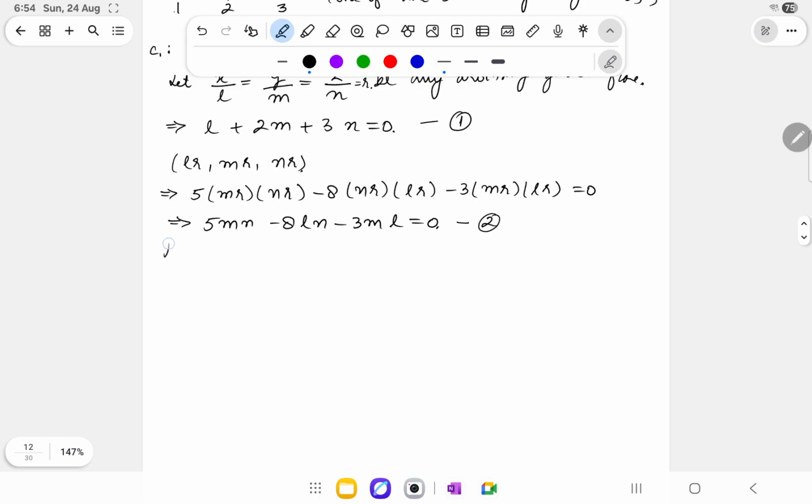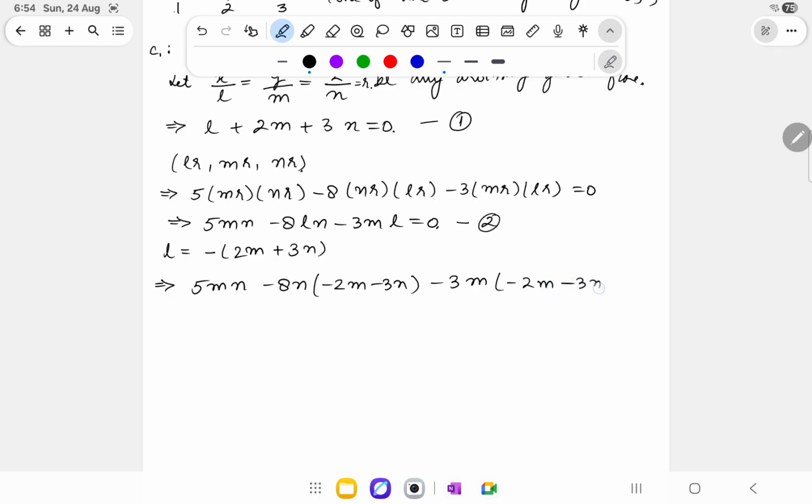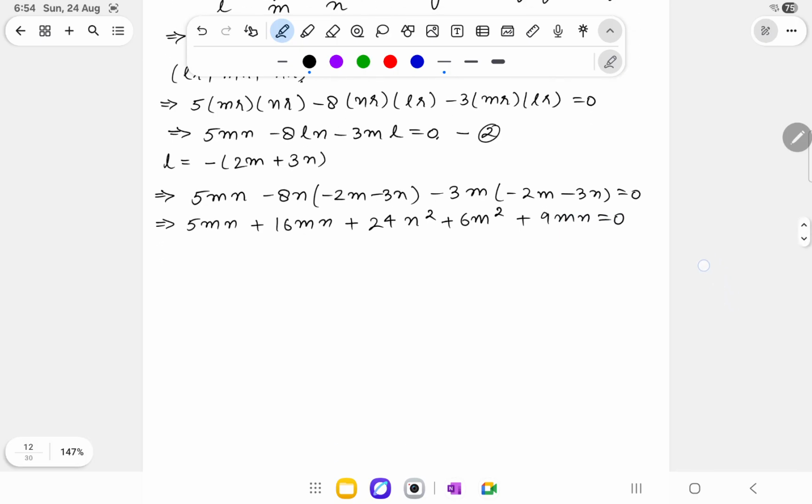So from equation number 1, I get L as minus of 2m plus 3n, and I'll substitute this value in equation number 2. From there I'll get 5mn minus 8n into minus 2m minus 3n minus 3m into minus 2m minus 3n equals 0. Simplifying, I'll get 8mn plus 16mn plus 24n square plus 6m square plus 9mn equals 0.